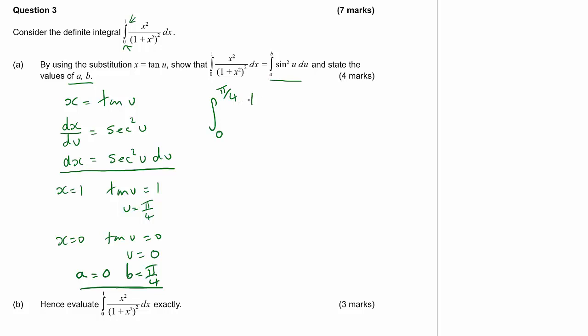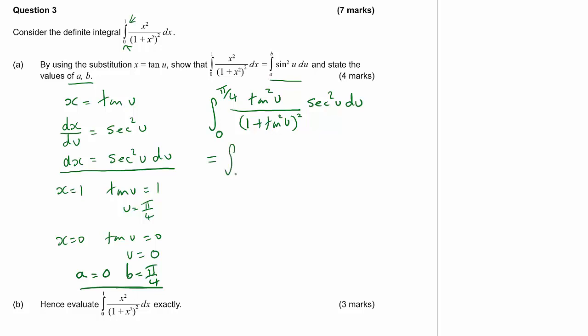x squared, so we've got tan squared u over (1 plus tan squared u) squared, and then the dx is sec squared u du. Now, 1 plus tan squared is sec squared, isn't it?